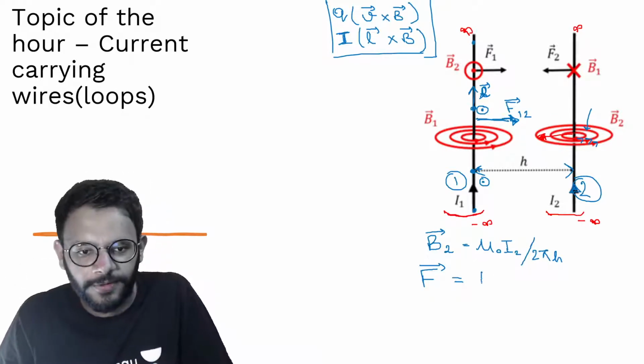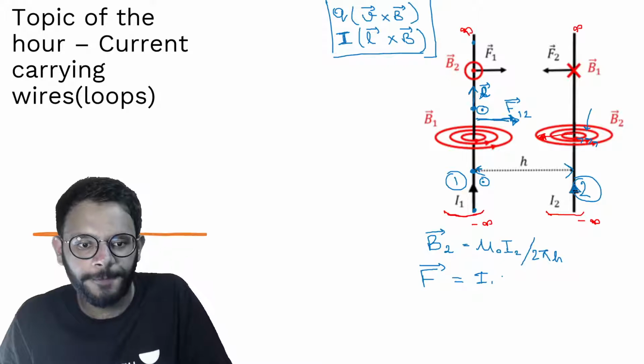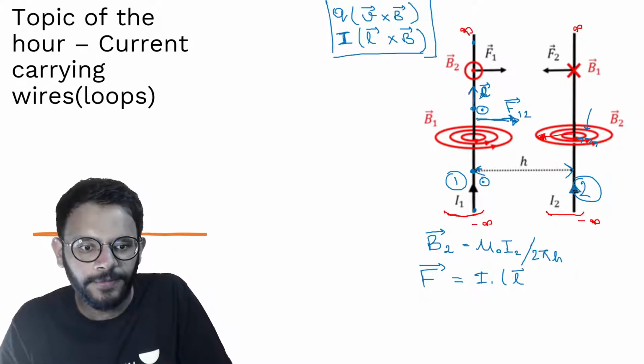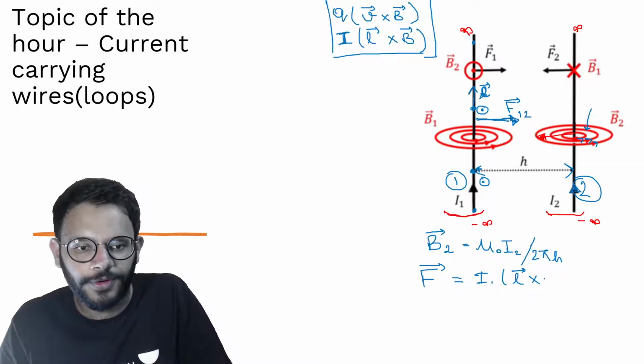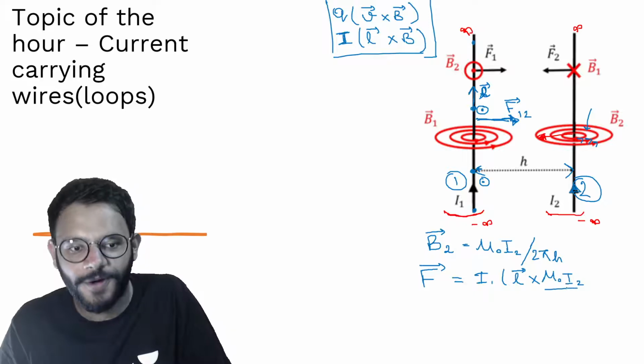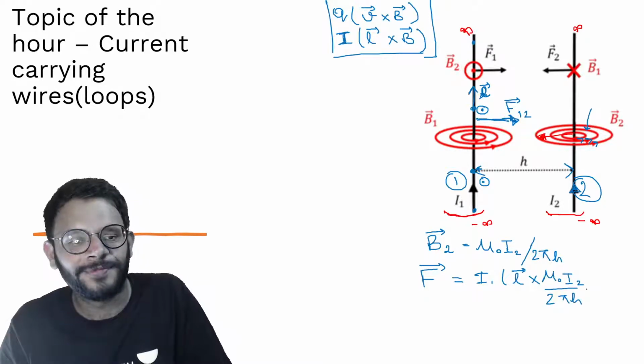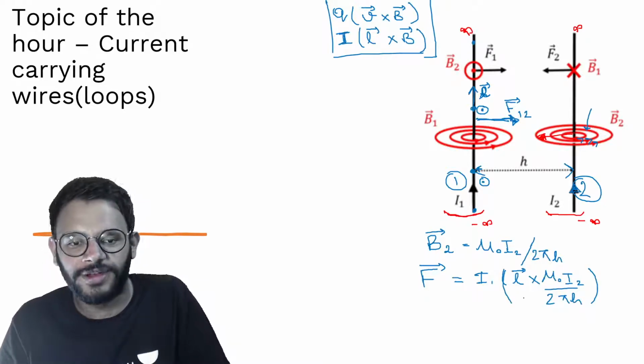I can also write it down as I1 into L cross mu naught I2 upon 2 pi h, as I know what the magnetic field is.